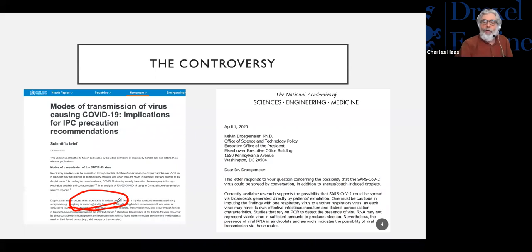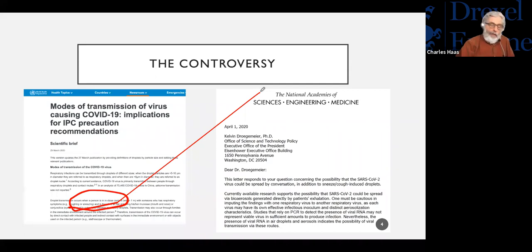A couple weeks ago, a select expert committee of the National Academies of Science, Engineering, and Medicine were asked by the White House specifically to comment on the issue of what sort of particles in the air can transmit SARS-CoV-2.